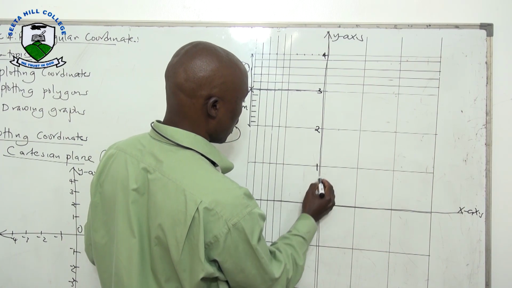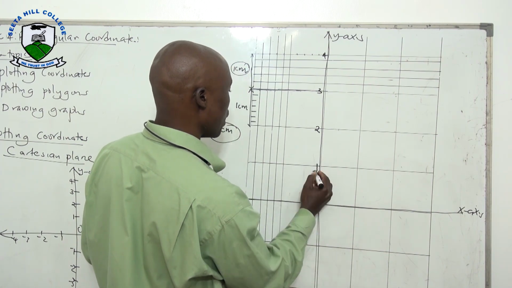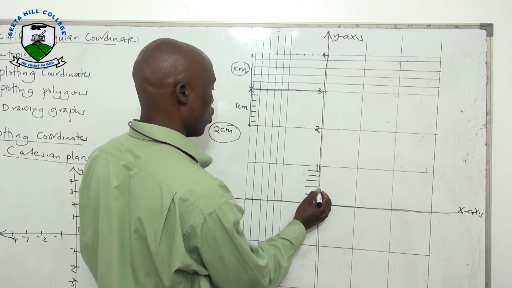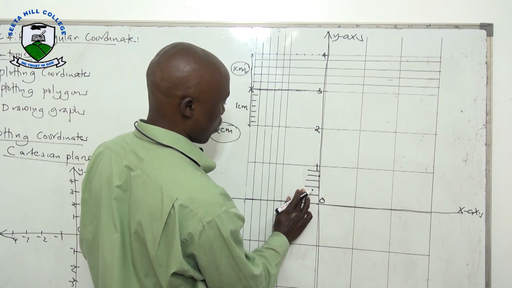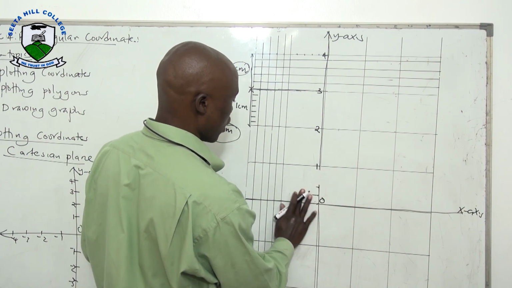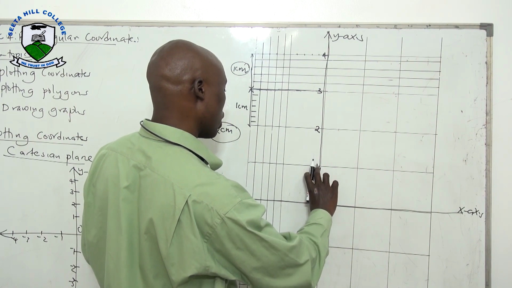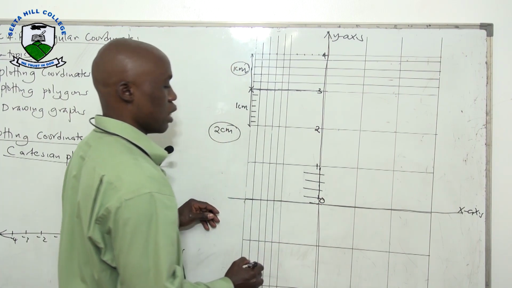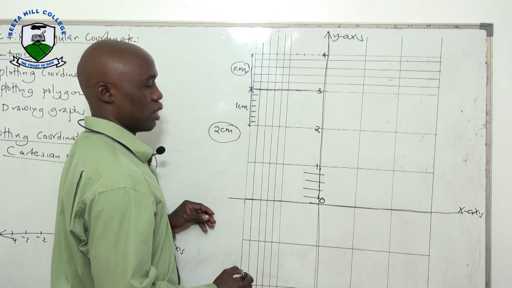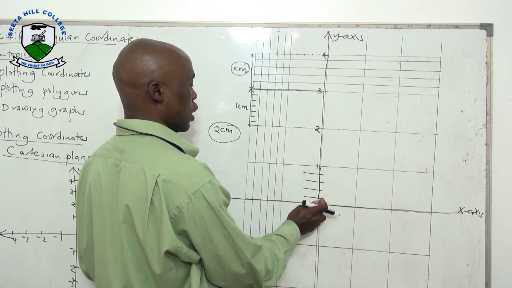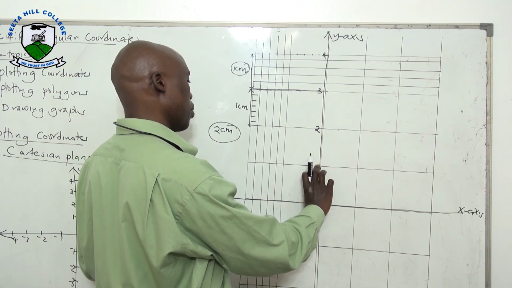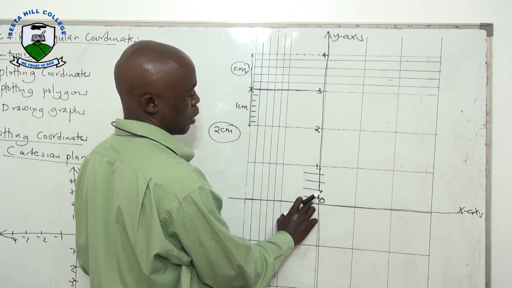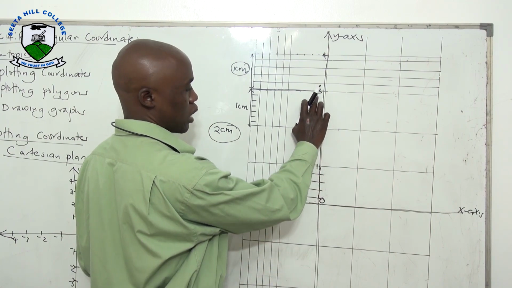Now here within each 1 centimeter there are 5 divisions. 0, 1, 2, 3, 4. The graph paper has a big box, then smaller boxes, 1, 2, 3, 4, then 5. You see that? Now, when you plot this is 1 centimeter, that means the scale here, you have said 1 centimeter is representing 1 unit.